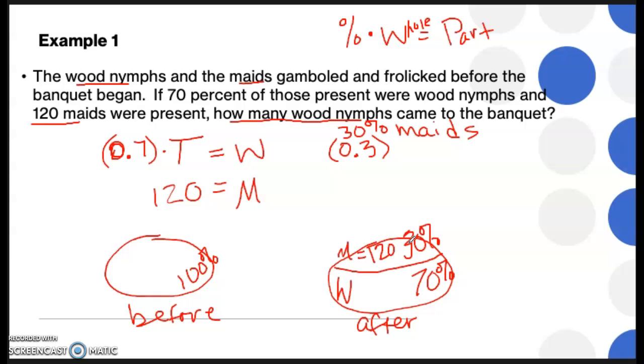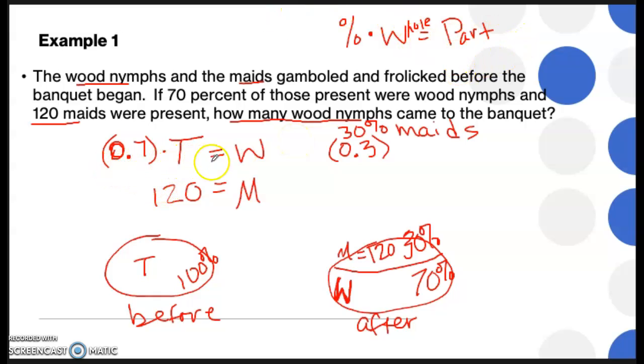Now we're getting somewhere. I have a number. 120 maids are in this top portion, and 30% is in this top portion. I really am looking for this W, but I might have to work for it. I know 30% and 120 goes in the same bubble. I don't know my total, but I do know that the percent of the whole is the part.